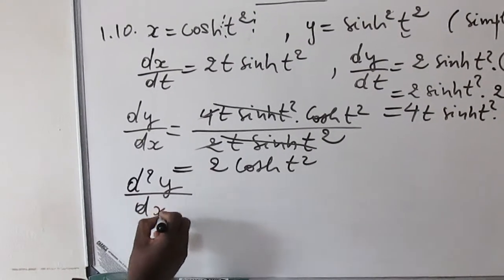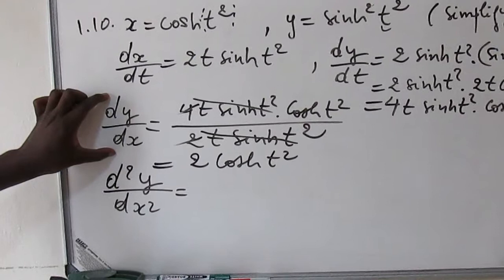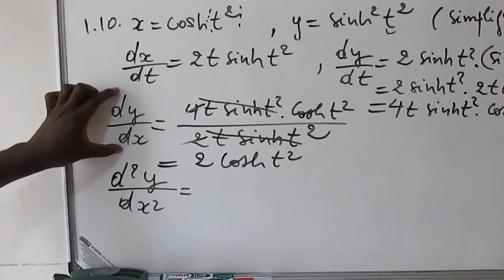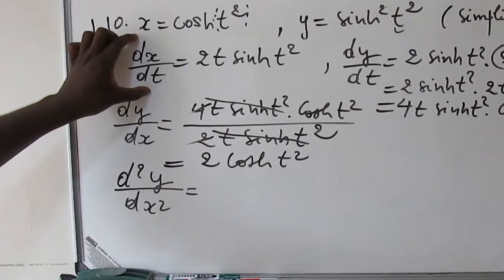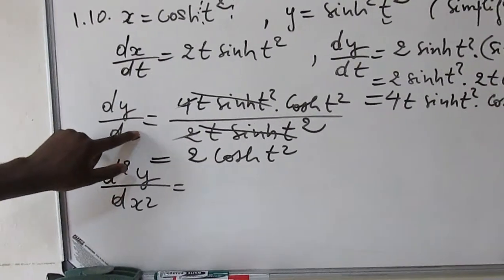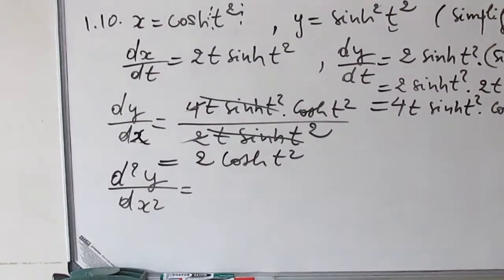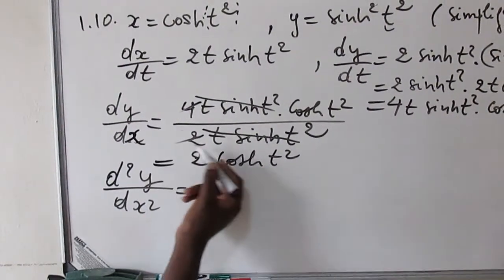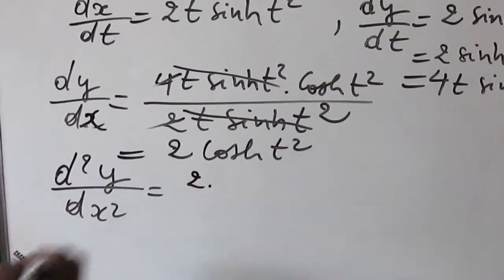Then after that, we can now find the second derivative. Okay. The second derivative, what you do, we derive first this one. After deriving dy over dx, we say over dx over dt. Then, what's going to be here? Derivative of this one here is going to be 2, okay?